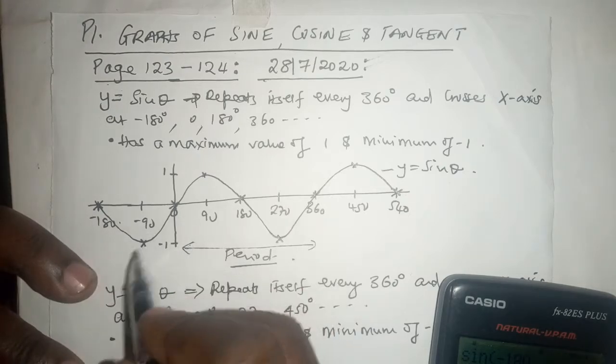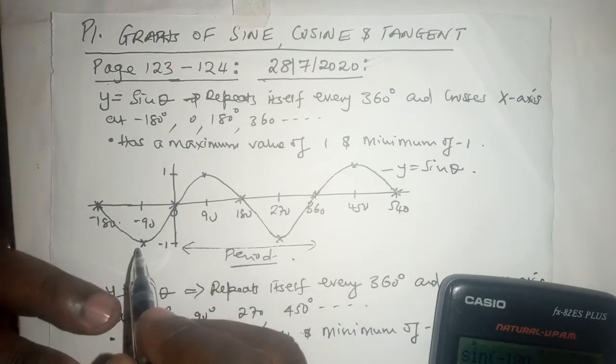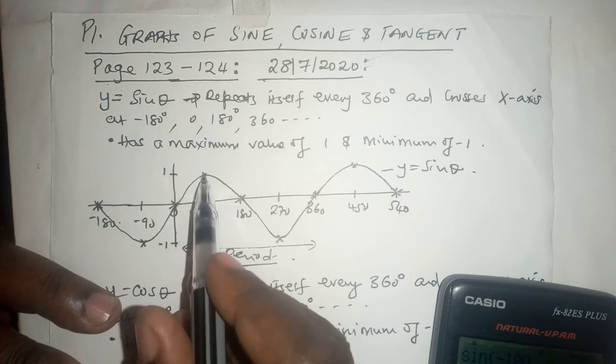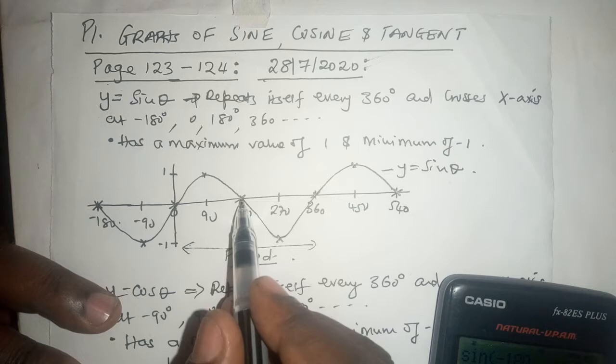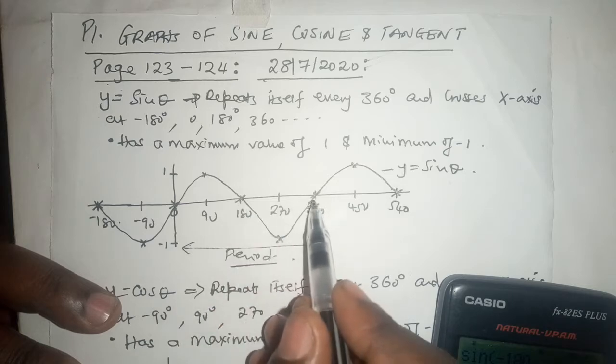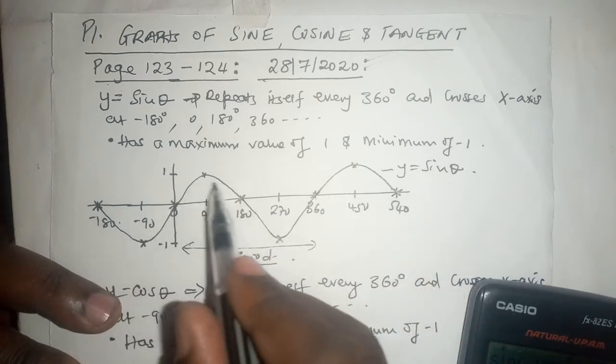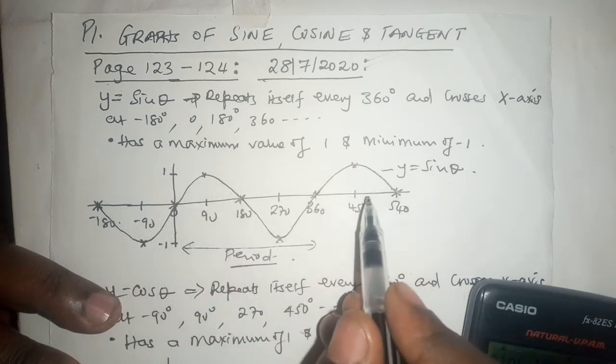And the sine of negative 90 is negative 1. The sine of 0 is 0. The sine of 90 we know is 1. And then it crosses the x-axis at 180. It crosses the x-axis at 360. Of course it has to have that kind of flow.